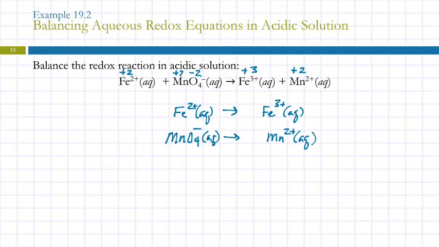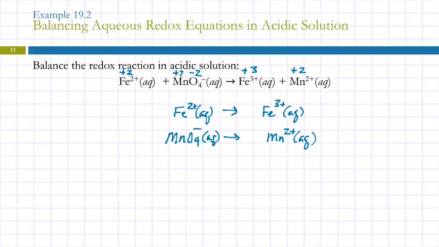So I got my half reactions, balanced with respect to mass. The first one is balanced for mass, 1 iron and 1 iron. This one, though, manganese and manganese, that's cool, but I have 4 oxygens on one side and none on the other.